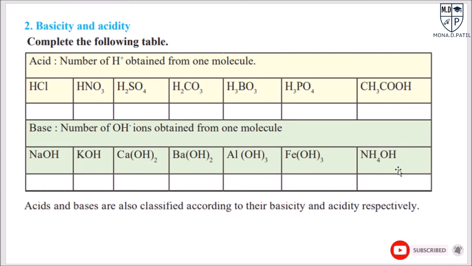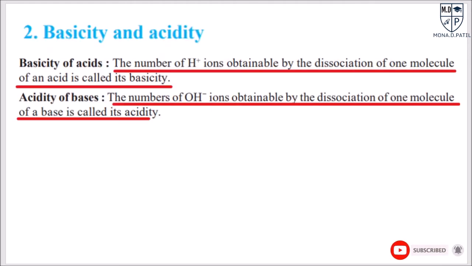The rest will give three, and ammonium hydroxide will give four OH minus. From that, we can come to know the acidity of bases: the number of OH ions obtainable by the dissociation of one molecule of a base is called its acidity.